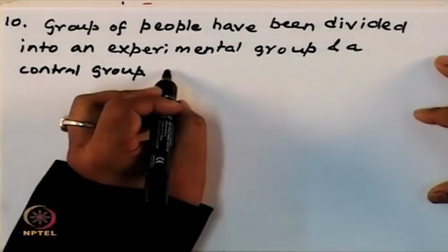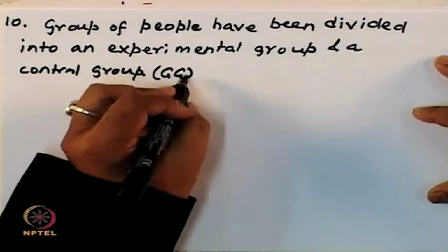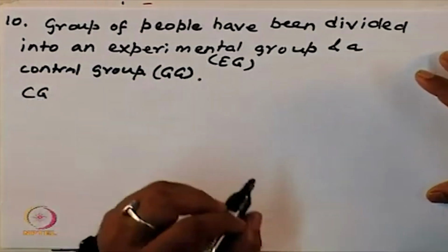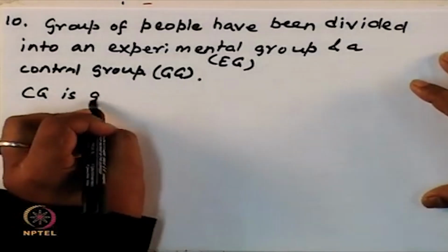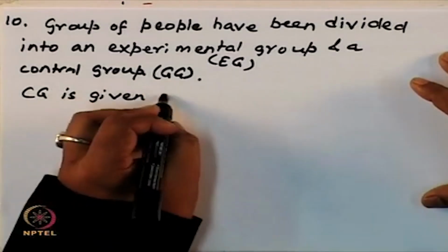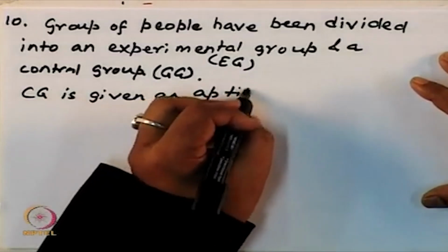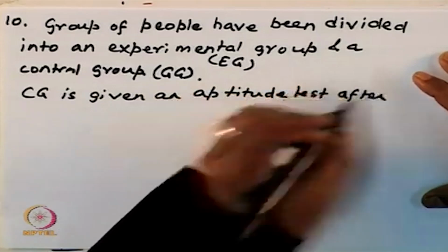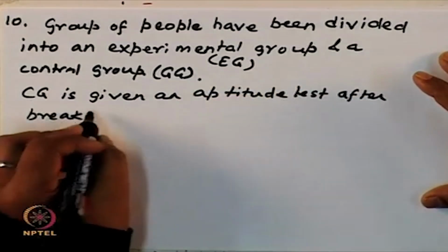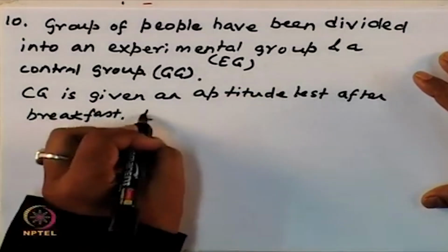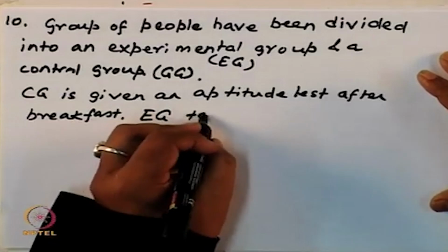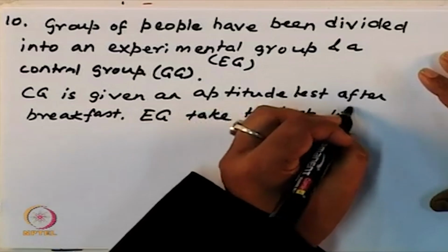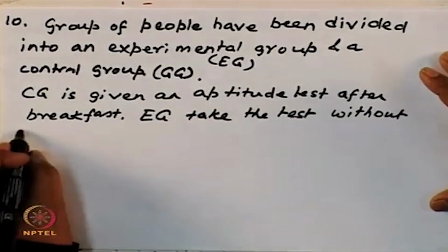I will write CG for control group and EG for experimental group. Your CG is given an aptitude test after breakfast, versus the experimental group, who take the test without breakfast.